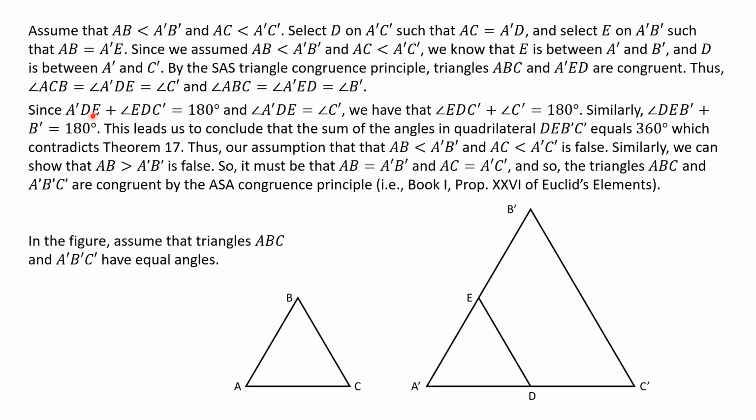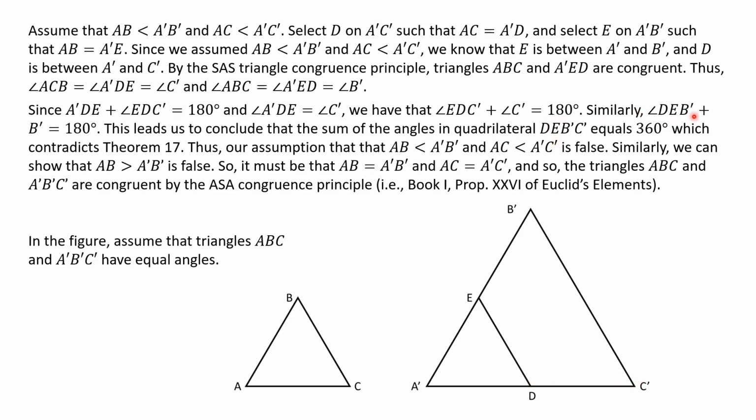Since angle A prime DE plus EDC prime equals 180, and A prime DE equals C, in other words this angle equals this angle, we can substitute in C, and we get EDC prime plus C prime equals 180.